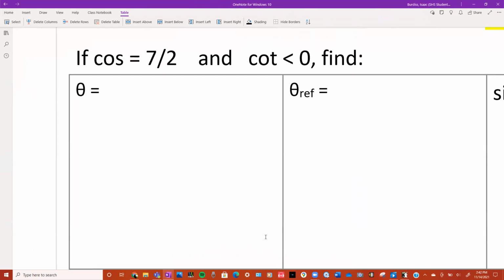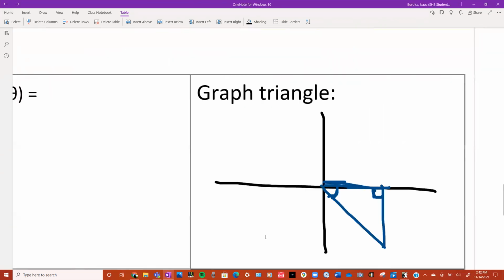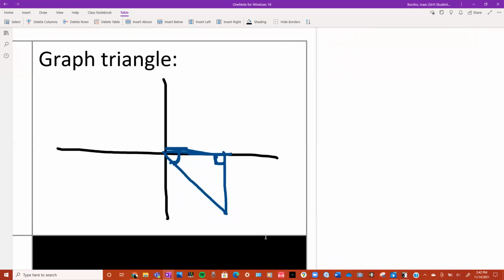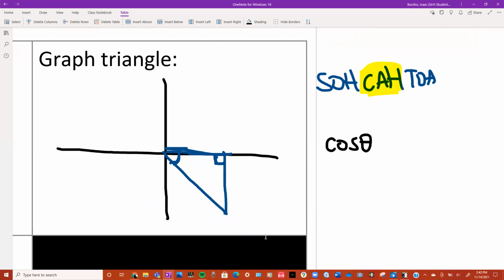But we found out that we know some of the side lengths of these if cosine is 7/2. So 7/2, let's think about it. Remember, we can use SOHCAHTOA. We're going to use the CAH part. So the cosine of an angle is going to be the adjacent side over the hypotenuse.